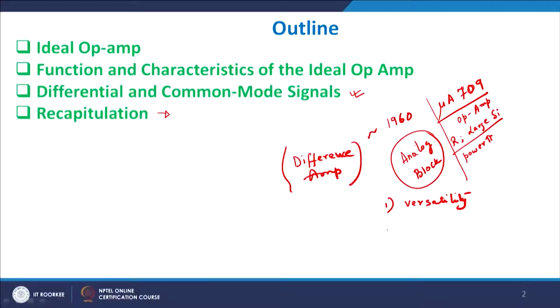The second thing is its robustness. It is quite robust in the sense that the offsets or the variabilities are very low in this case. So if you have designed an op amp which is working with an amplification of 100, then you will be pretty sure that the gain is fixed at 100, irrespective of the ambient conditions and irrespective of the variations in the parameters of the devices used in the operational amplifier.